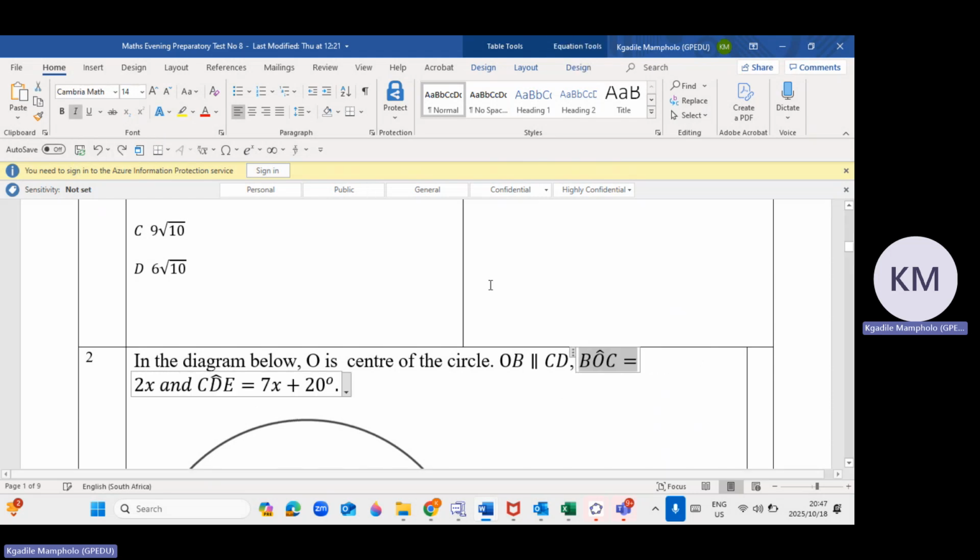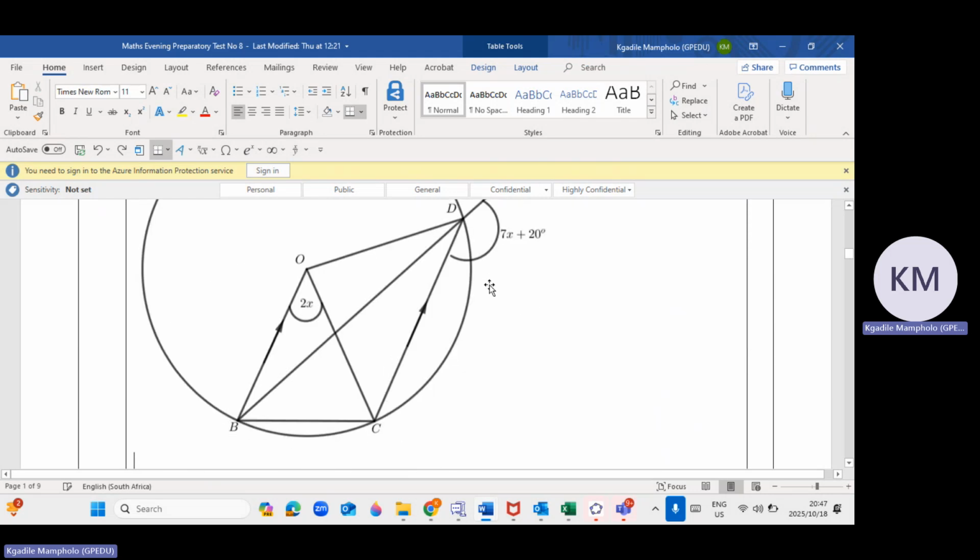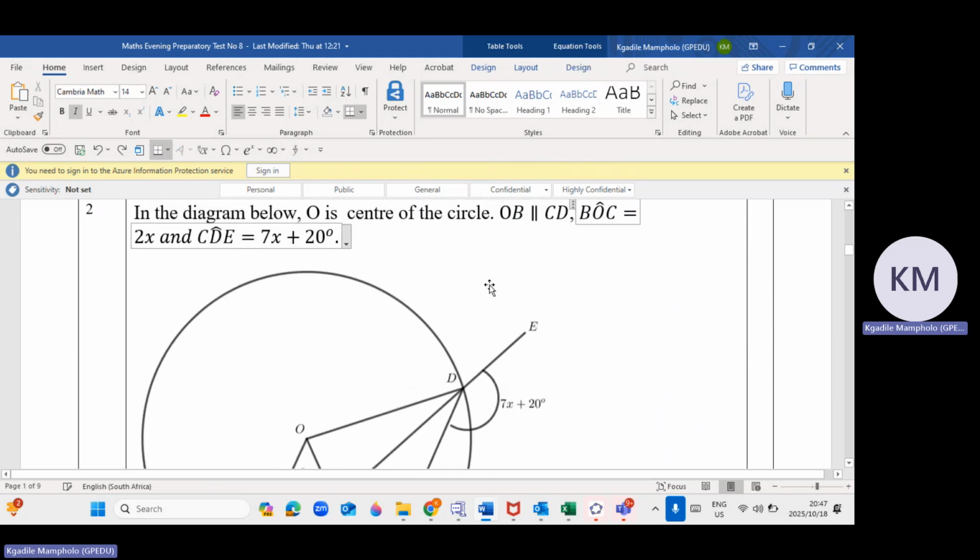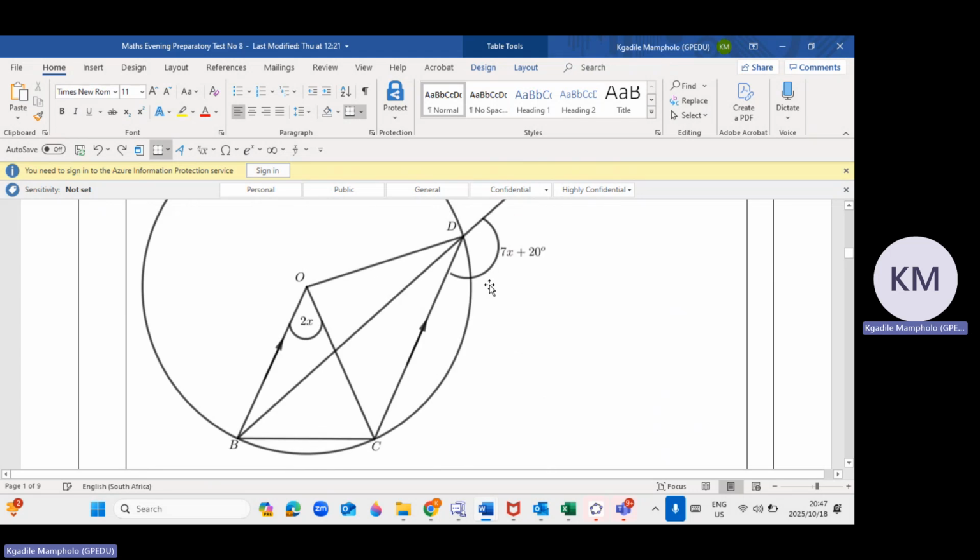BOC equals 2x, you see that. And then CDE is 7x plus 20.